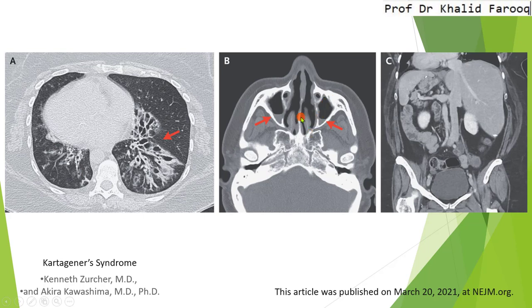And here we can see the spleen is located on the right side, and this is the liver located on the left side. And here we can see the heart is located on the right side as well. So this is a case of Kartagener syndrome.